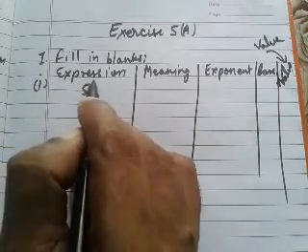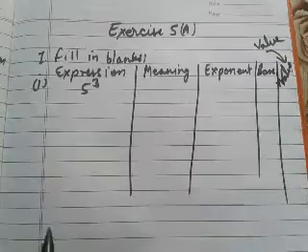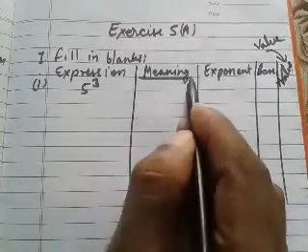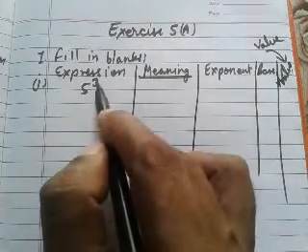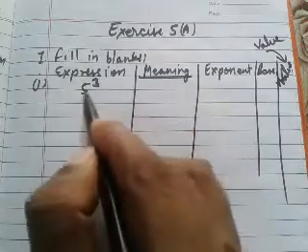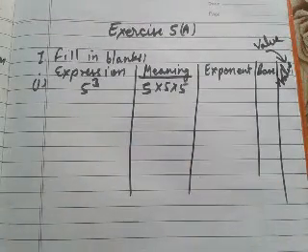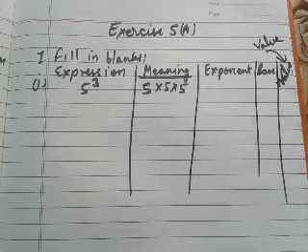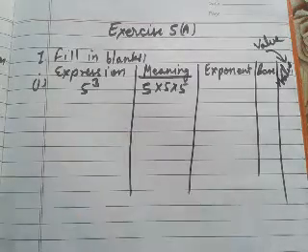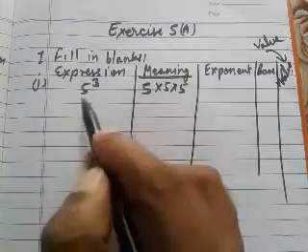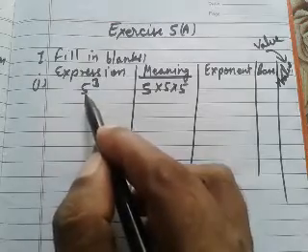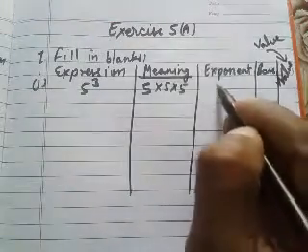So here is 5 raised to the power 3. Its meaning is 5 cube, which means 5 is multiplied 3 times. What is its exponent? Exponent means the power of base 5, which is 3.